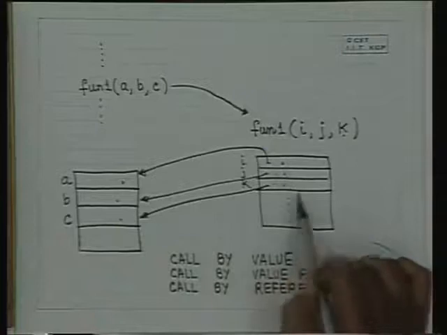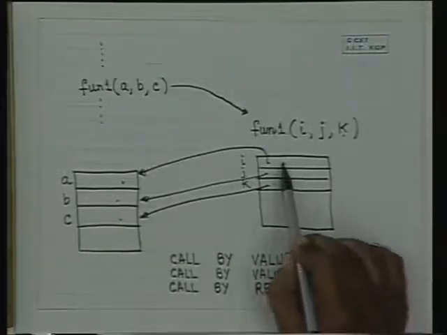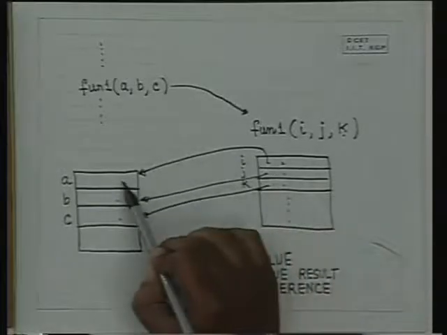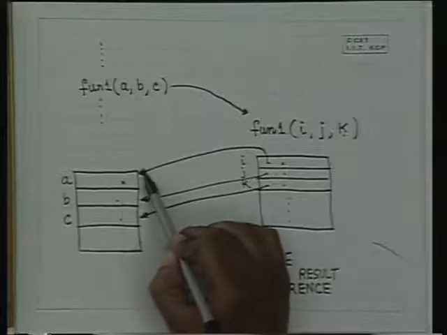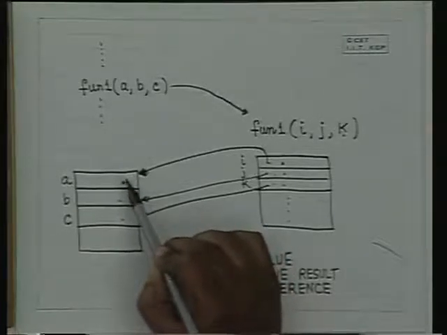And whenever you update I here, this address is taken and this value is modified. The modification is done on the content of this address here.